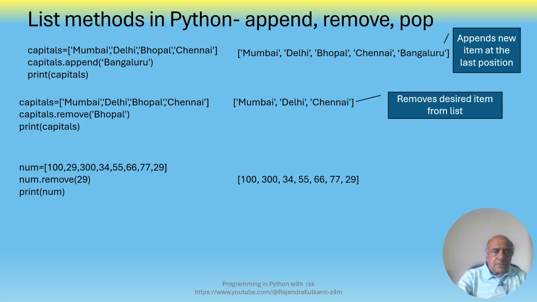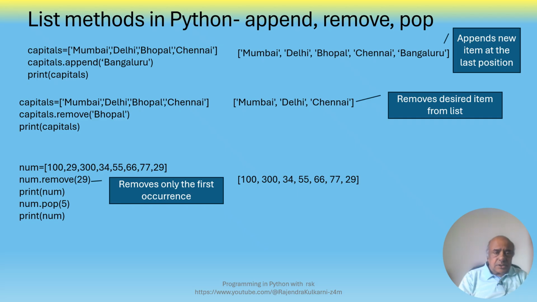So we can see 29 removed from the list, but this is the first occurrence, which is what remove works on. It has removed the first occurrence; there is still another 29, but it has not been removed. It removes only one item, the one which occurs first in the list.